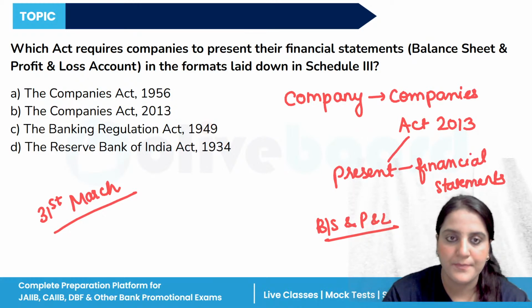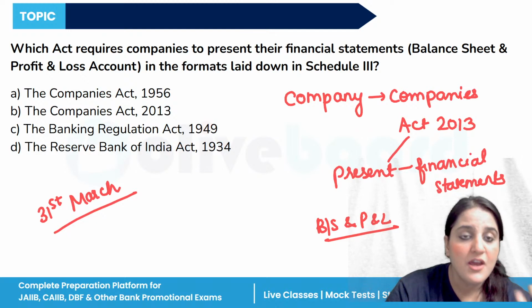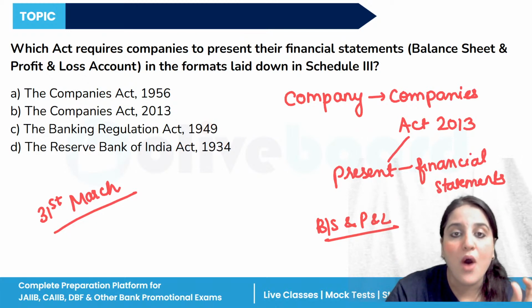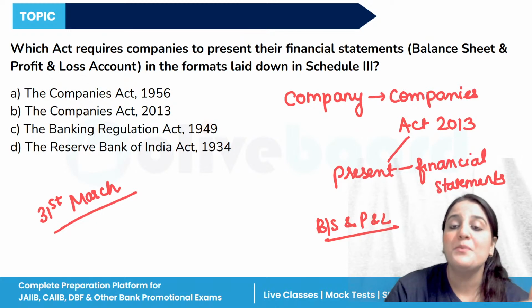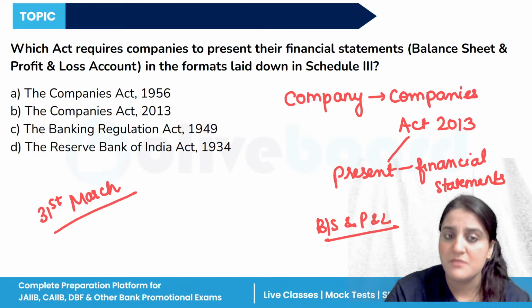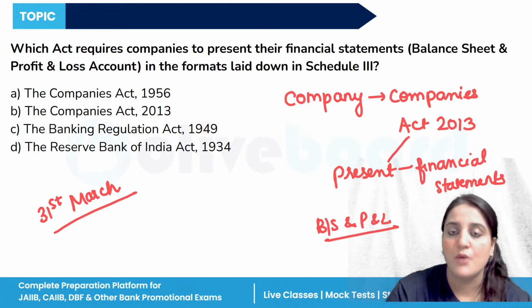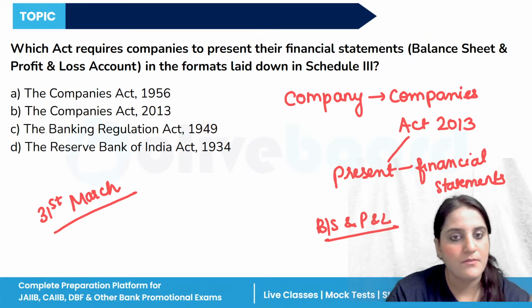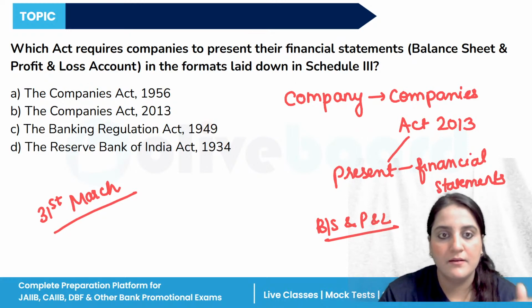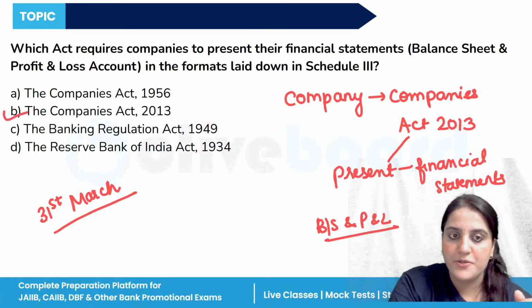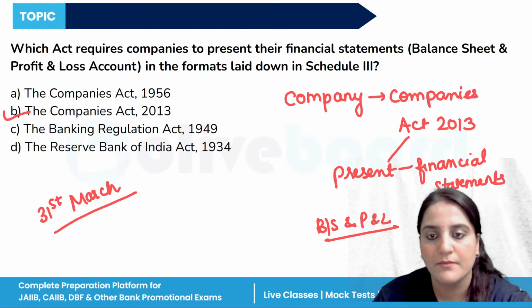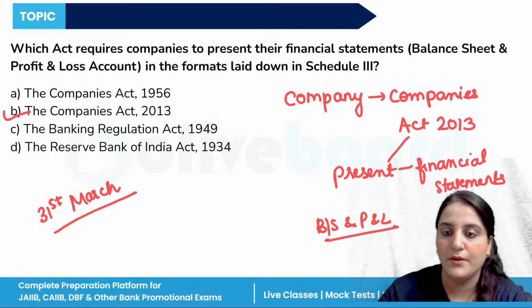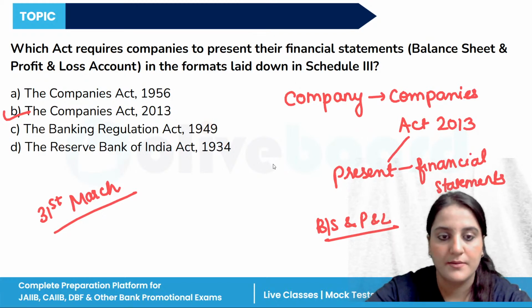So our first question is asking which act requires companies to present their financial statements, balance sheet and profit and loss account in the formats laid down in Schedule 3. After reading the options you will find that option B is correct.